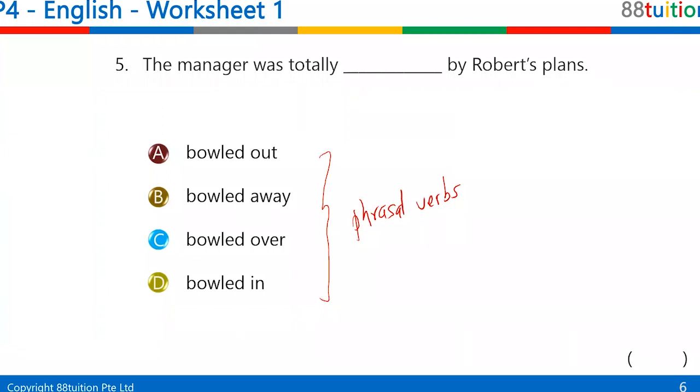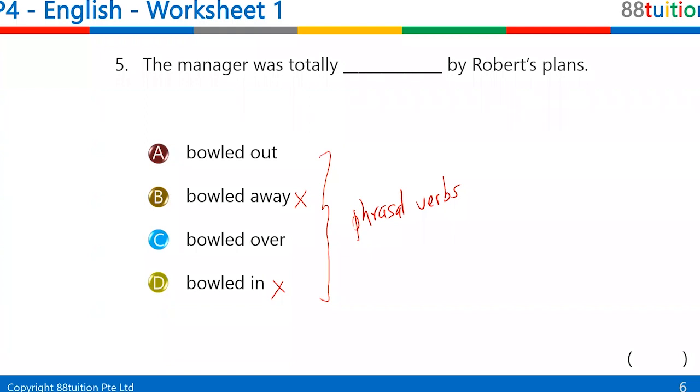Now the manager was totally what by Robert's plans? Bowled out, bowled away, bowled over, and bowled in. First of all, there's no bowled in as a phrasal verb, and there's no bowled away. That we have to know. So we have to understand what's bowled out. Bowled out is like when you play cricket and the people who are batting get struck out.